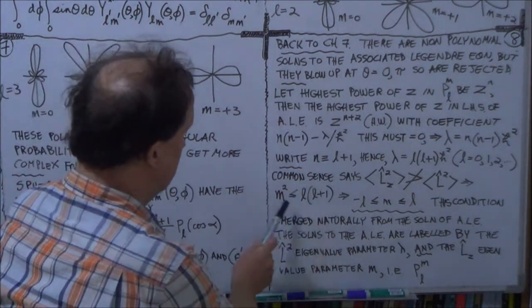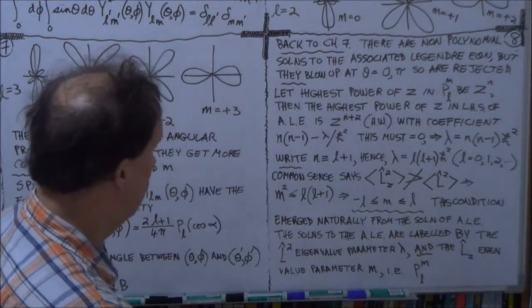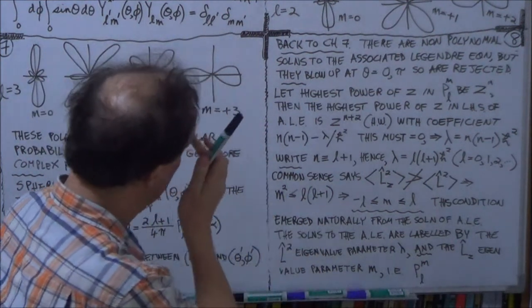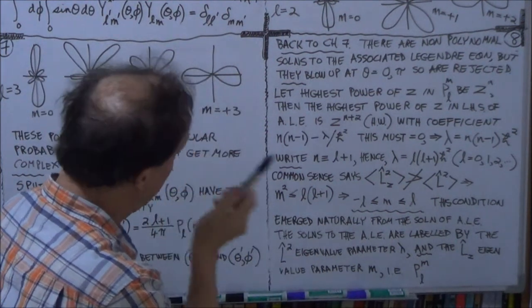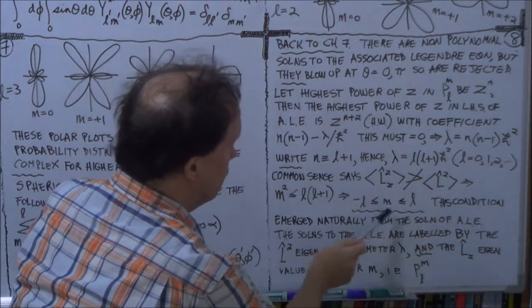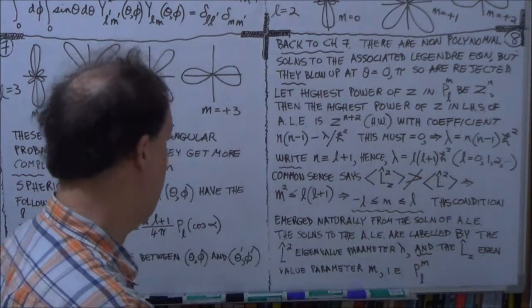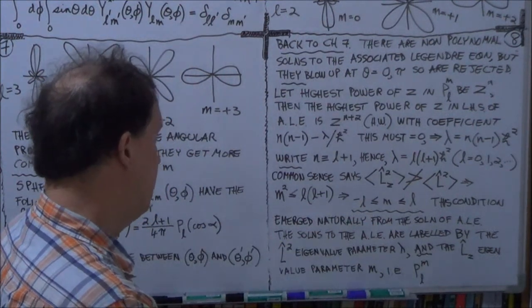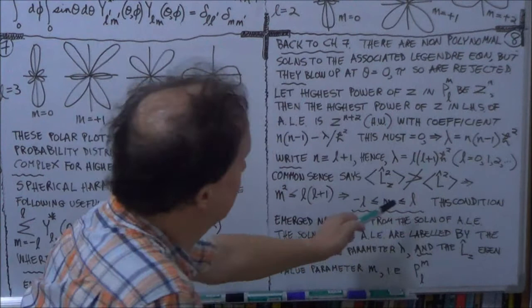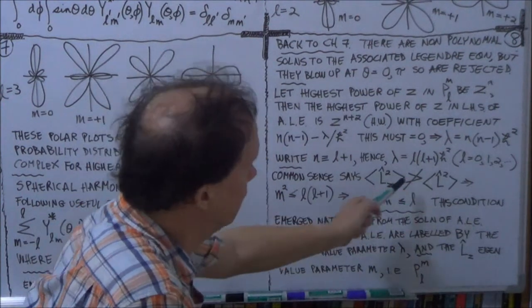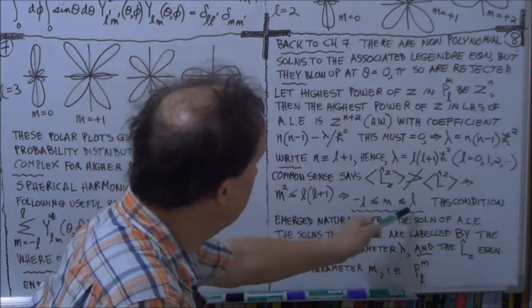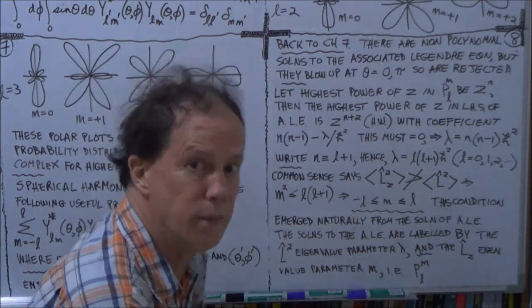Now L's are integers, M's are integers, and for this to be true, M has to be in this range. So here it is, we've got this again. Now this was physics, because we're talking about eigenequations and so forth. But we got this result earlier, just out of the mathematics.